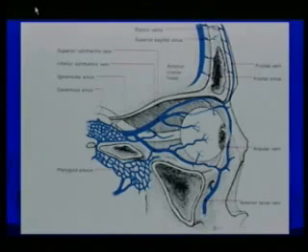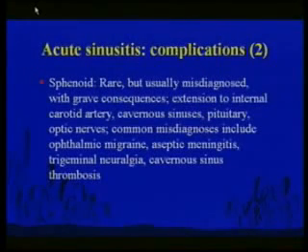So you can go back there to the cavernous sinus and cause cavernous sinus thrombosis, which is real bad. This lady's got frontal sinusitis with busting of the frontal bone. Sphenoid sinusitis is rarely involved, often misdiagnosed, with grave consequences as shown here, because of its intimate relationship to a number of very vital structures.